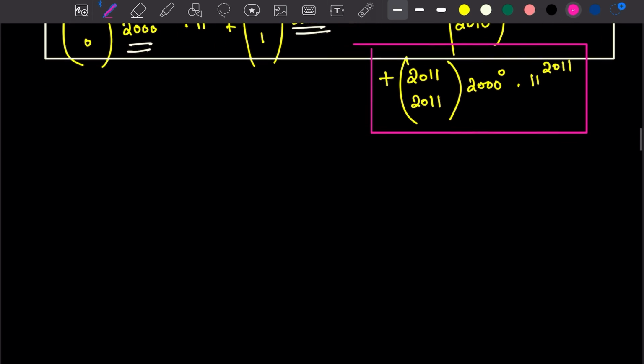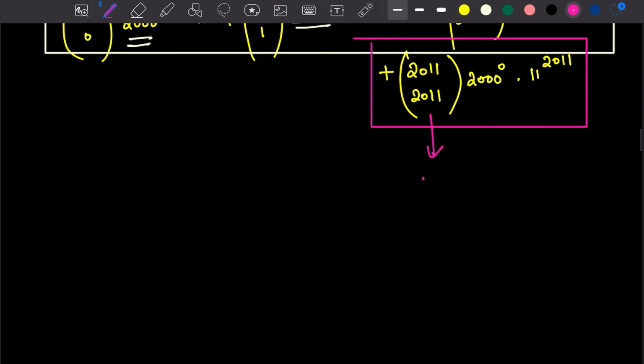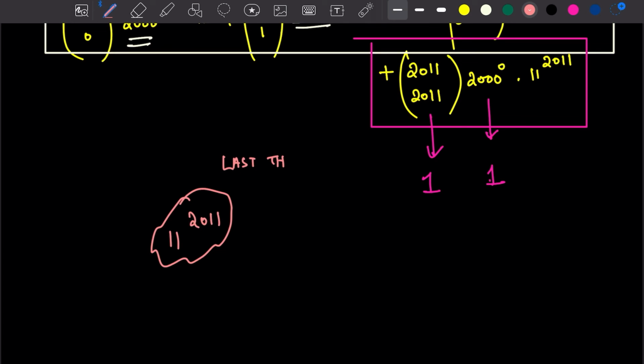What is it? Well, this is 1, this is 1, so this is simply 11 to the power 2011. So if we just find out the last 3 digits of it, we would be done. Actually, we just need the third last digit, so we don't even need to find all the last 3 digits.